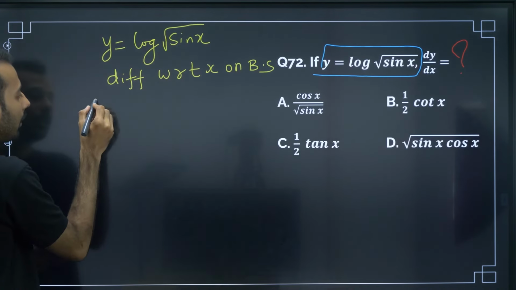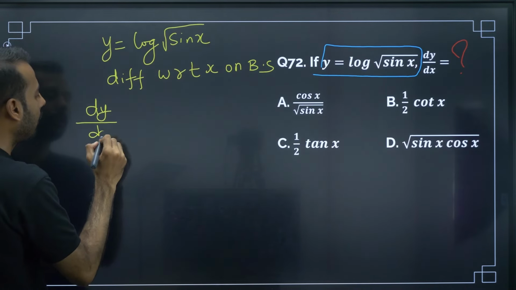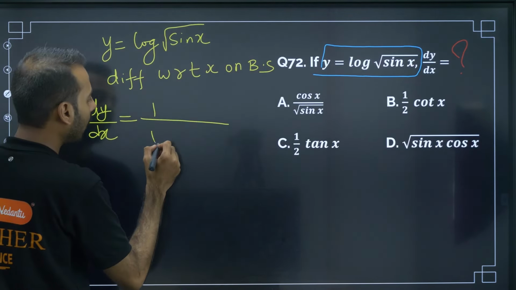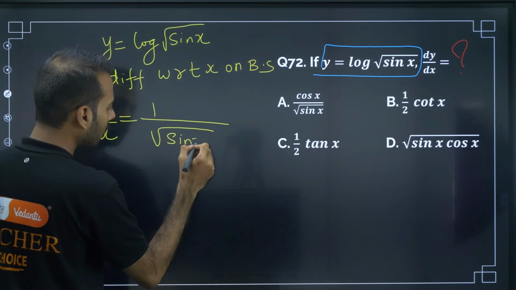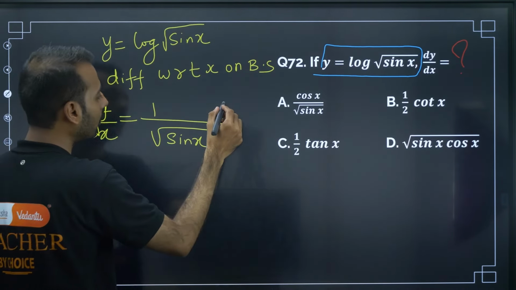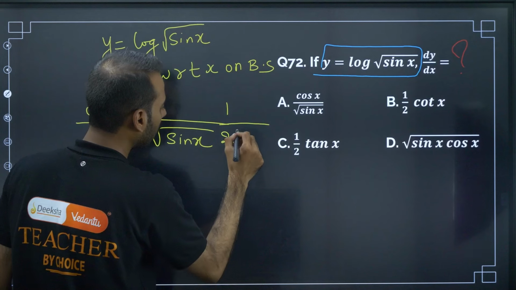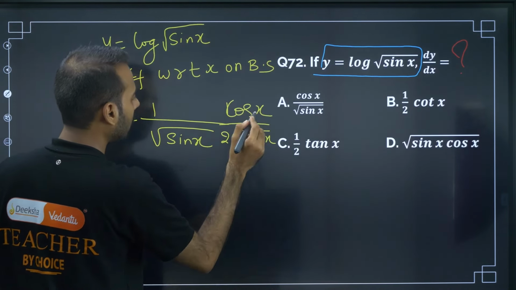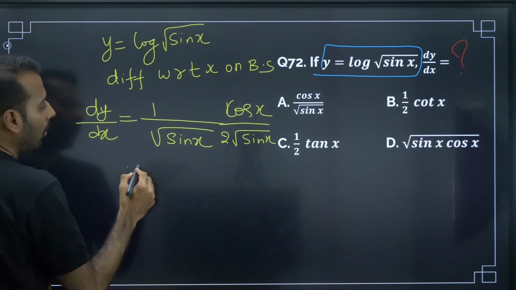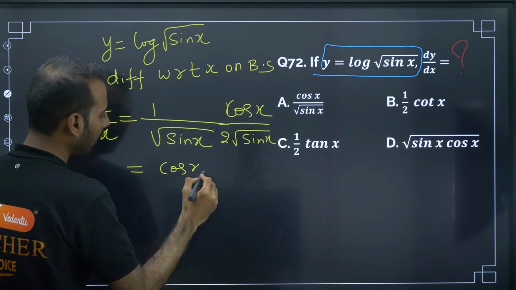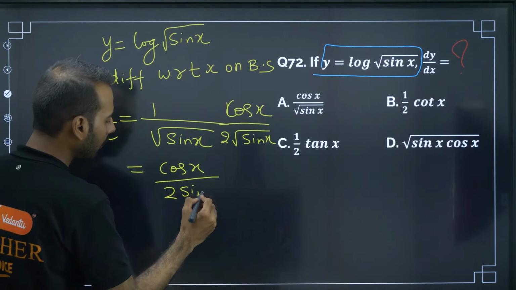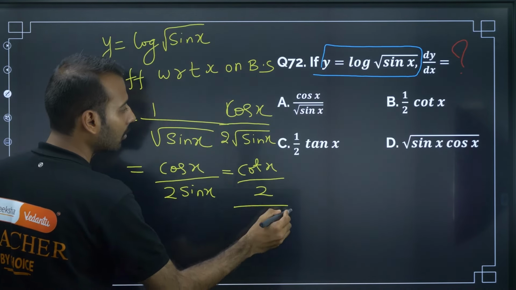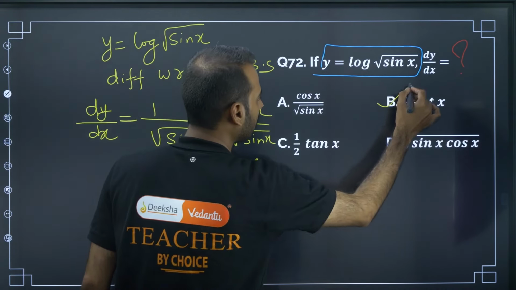So dy by dx is equal to, differentiation of log is 1 by sine x. Again if you differentiate root, 1 by 2 root sine x. Differentiation of sine is cos x. So cos x divided by 2 sine x. So it is cot x divided by 2. So is there any such value? Yes, B is the answer for this.